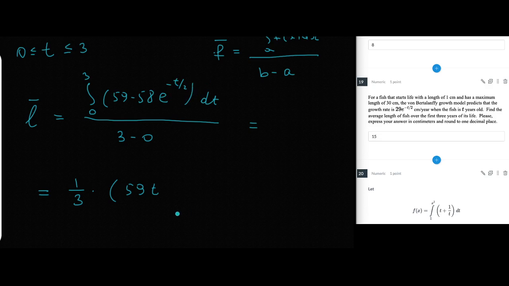I'm going to write the answer. The answer is going to be 2 times 58 times e to the power negative t over 2. And we need to evaluate this antiderivative at the endpoints, 0 and 3.